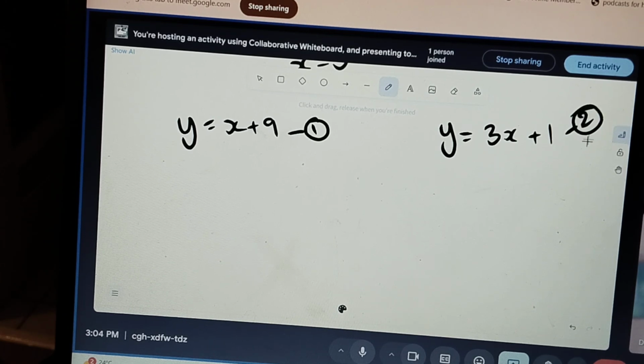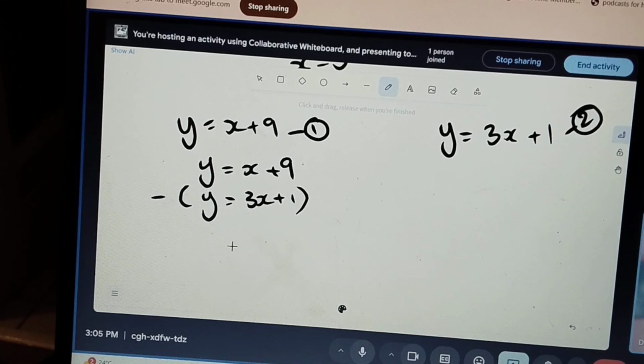So you had equation 1 and 2, right? The y's again, both are positive, right? So I'm still going to subtract them. I'm going to say y equals x plus 9, the first equation, minus y equals 3x plus 1.